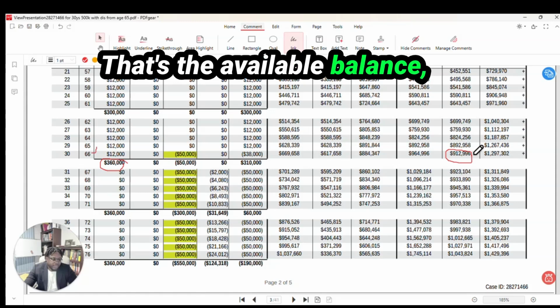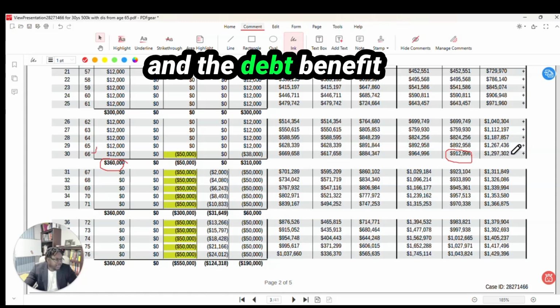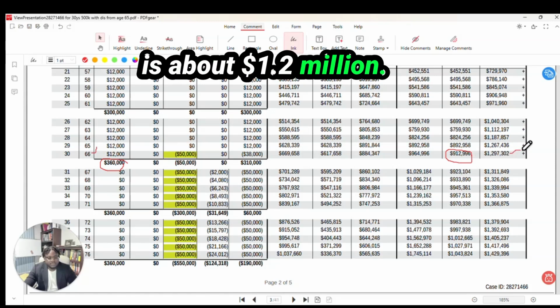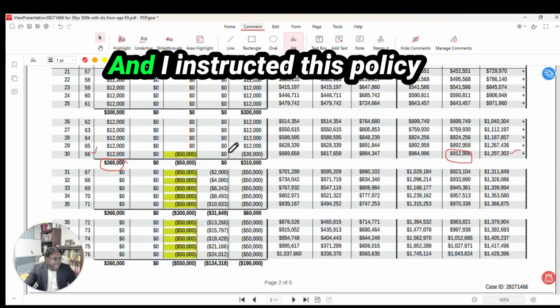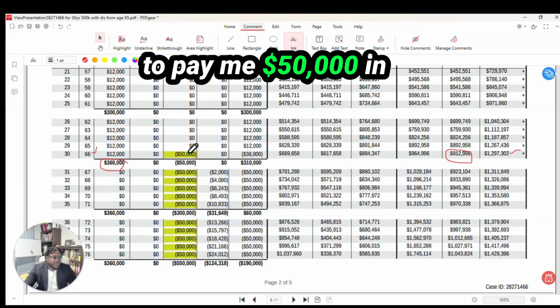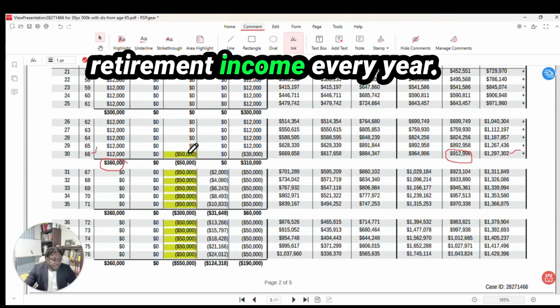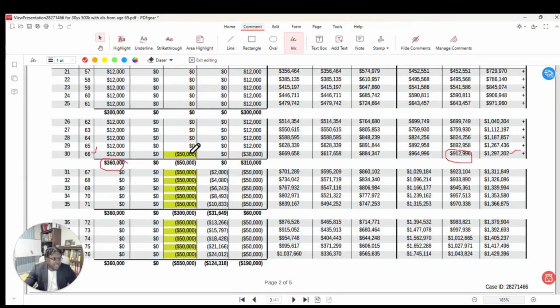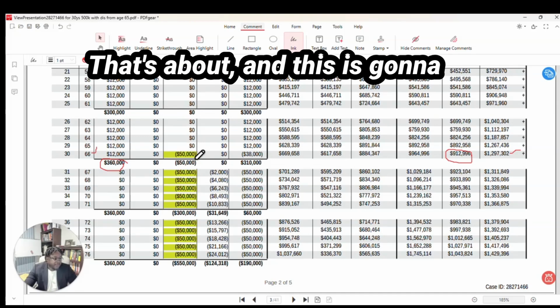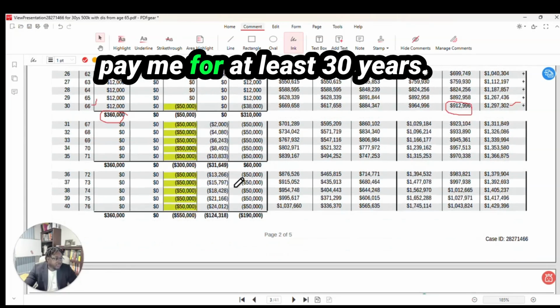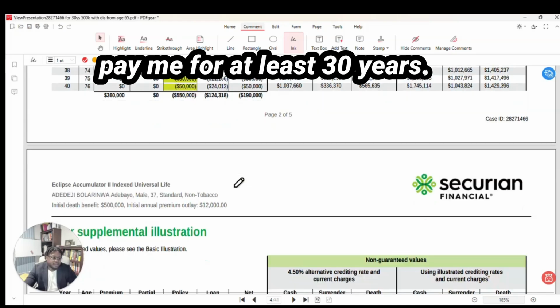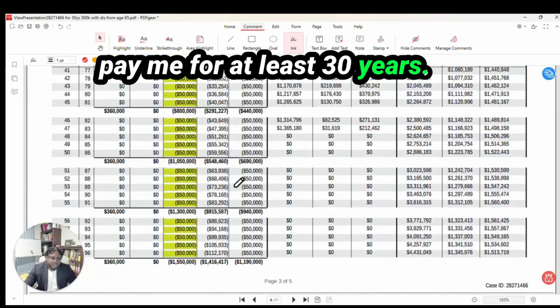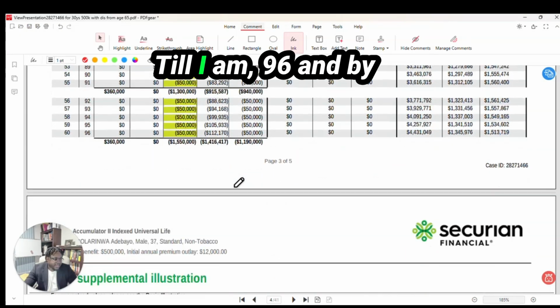That's the available balance. And the death benefit is about $1.2 million. And I instructed this policy to pay me $50,000 in retirement income every year. And this is going to pay me for at least 30 years, till I am 96.